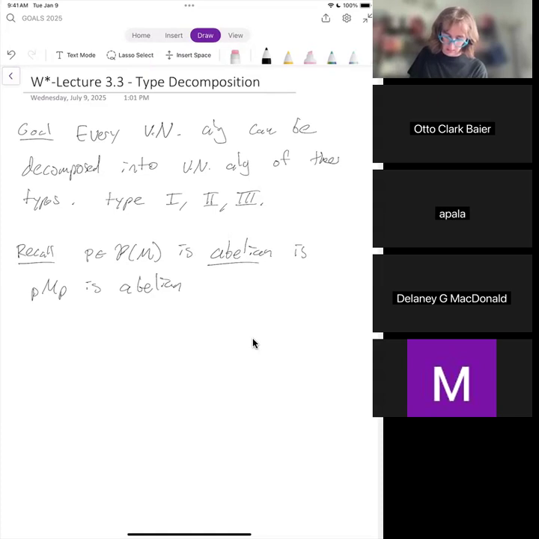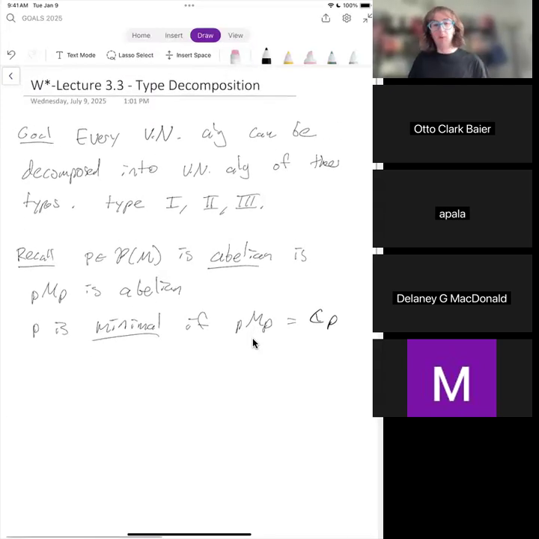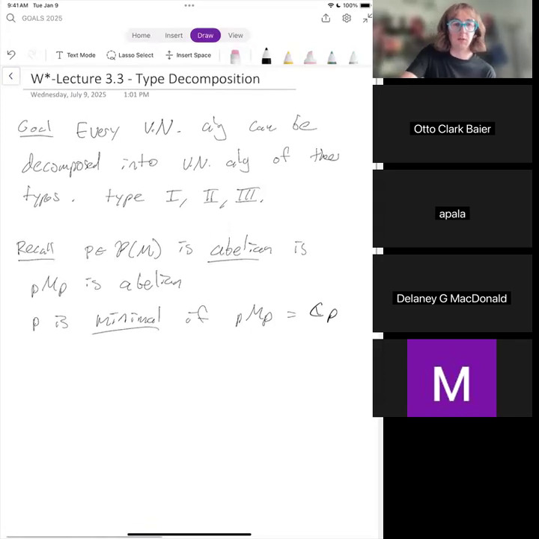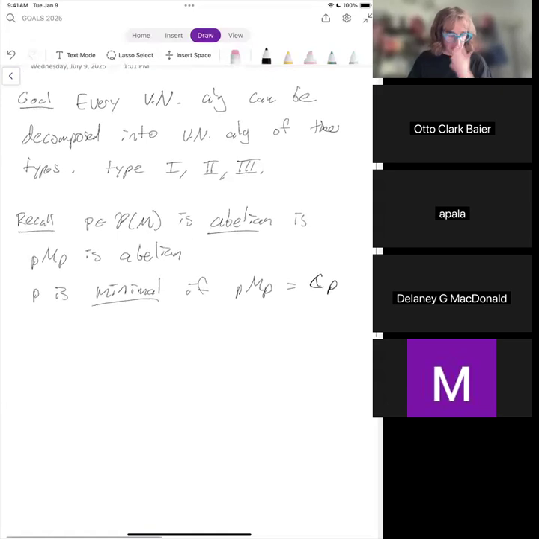And P is minimal if this compression is just equal to the complex numbers with this projection out front. And so, of course, a minimal projection will always be abelian. Those are the definitions in 4.2 that are definitely going to come up.